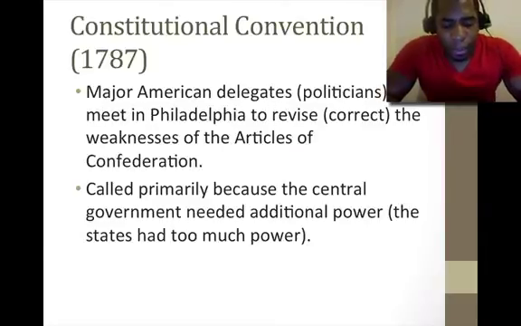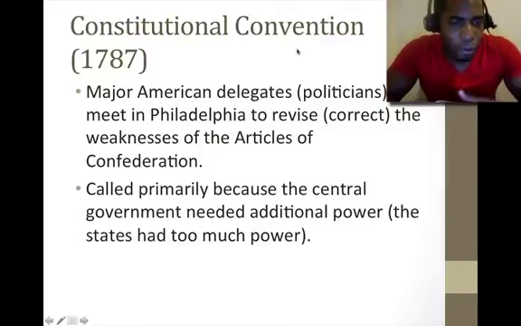Now, because there were weaknesses and problems with the Articles of Confederation, a lot of the delegates of each single state, like the 13 colonies, all had to meet. And they said, you know what, we need to change some stuff up. We need to revise the Articles of Confederation because obviously it's not a good thing.